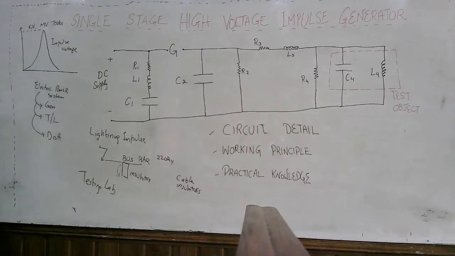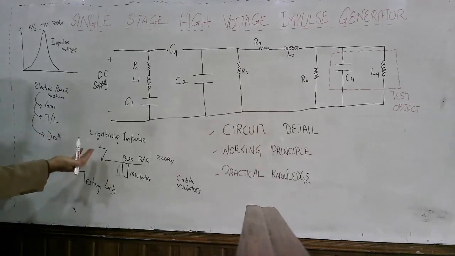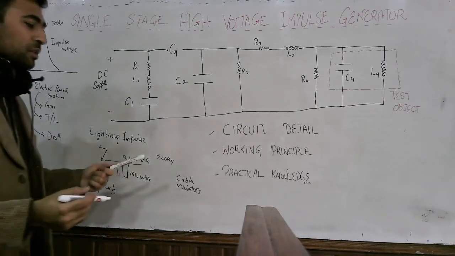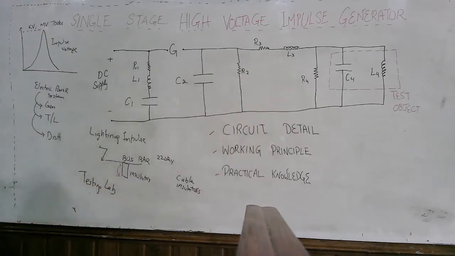against these impulse voltages. Now, impulse voltages can be of two types: either due to lightning impulse, or in the system, impulse voltages also appear due to switching. Now, what is meant by switching?